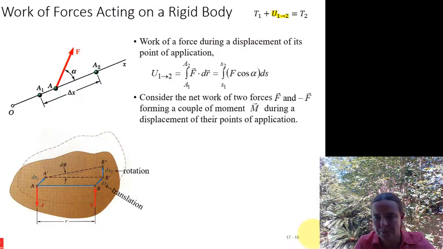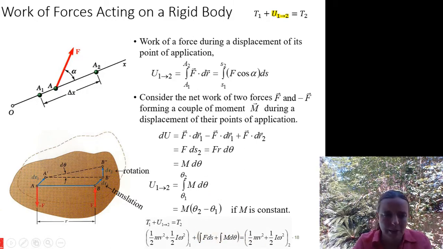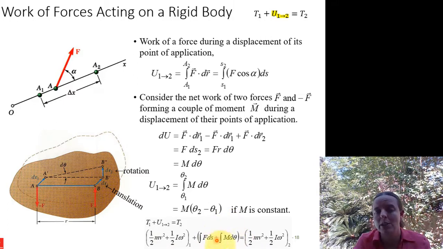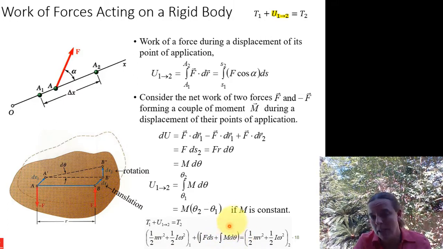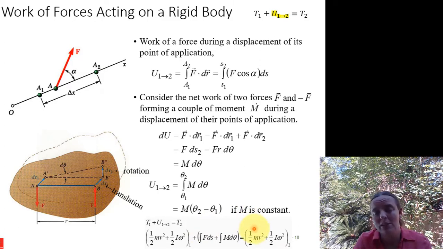Okay, so I get this final equation up here. We have the translational work that is changing the energy, and we have a moment through an angle that is also changing the energy, and really the moment goes into change of rotational energy, and this F ds goes into change of the 1/2 mv squared, that translational piece of kinetic energy.